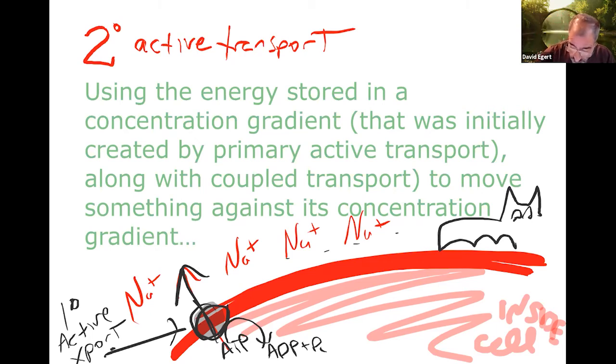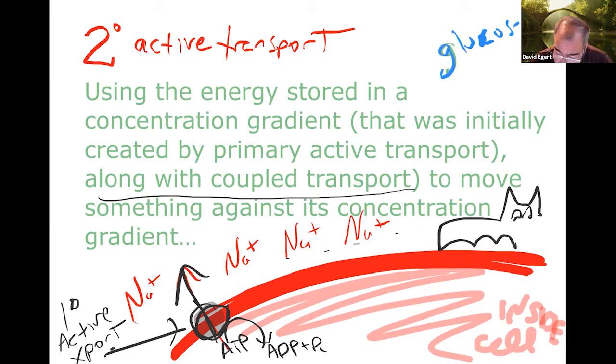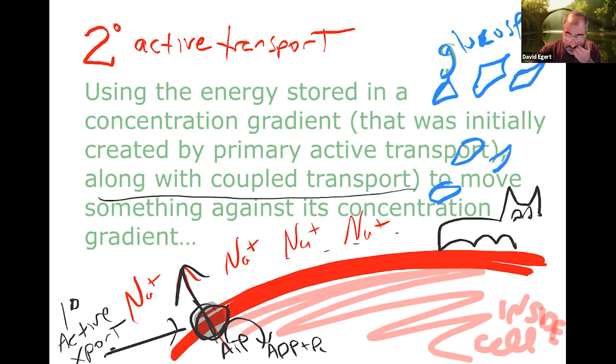So we are going to use coupled transport. Let's say this is in the intestine. I'm going to make it blue so it's a different color. Let's say there's glucose around here, and I want to bring the glucose into my cell. And there's already a lot of glucose in the cell because cells have glucose.